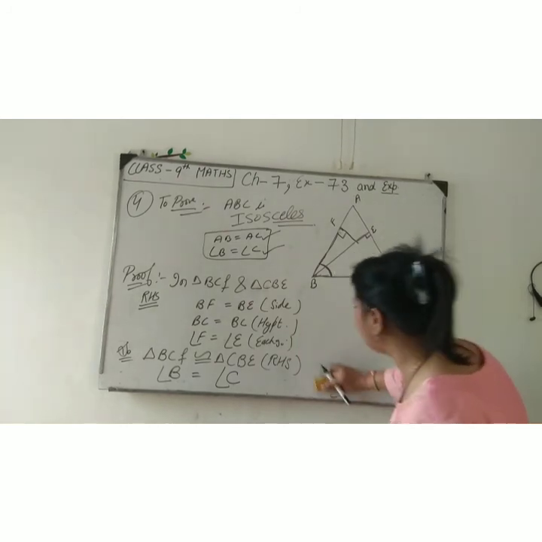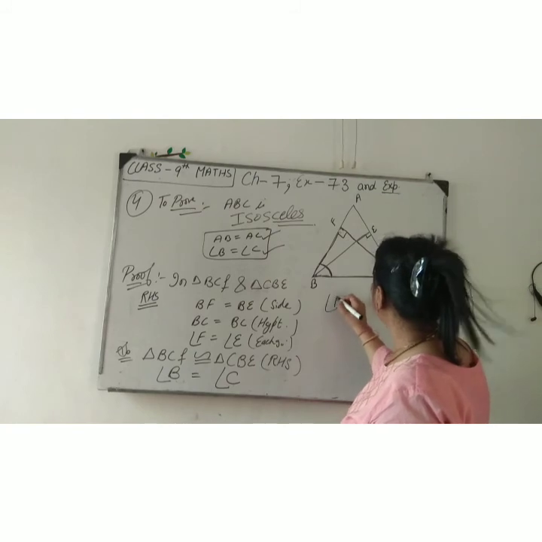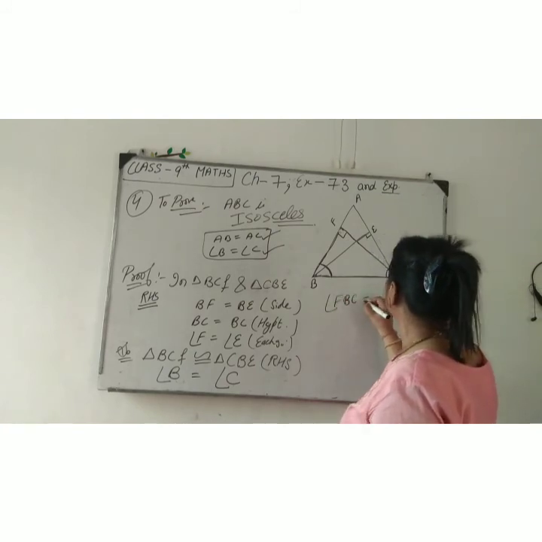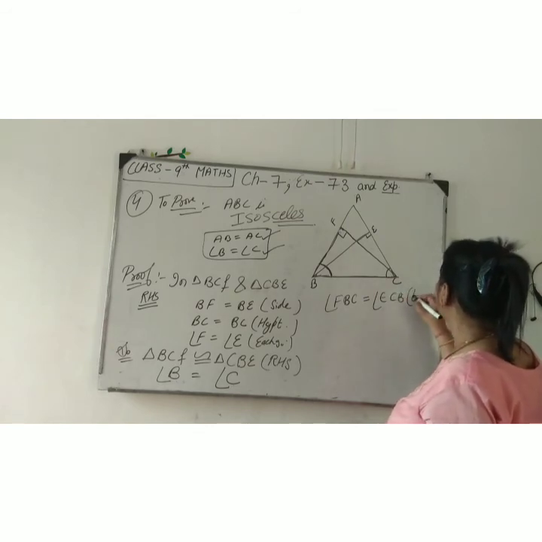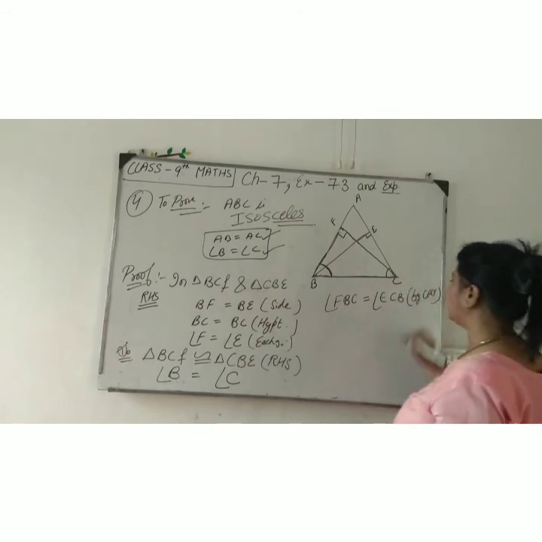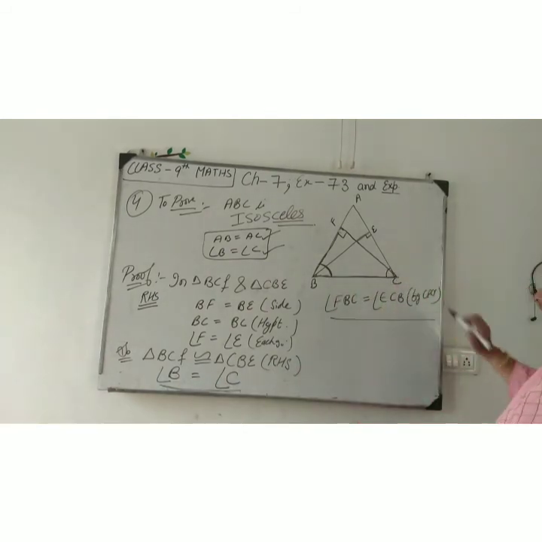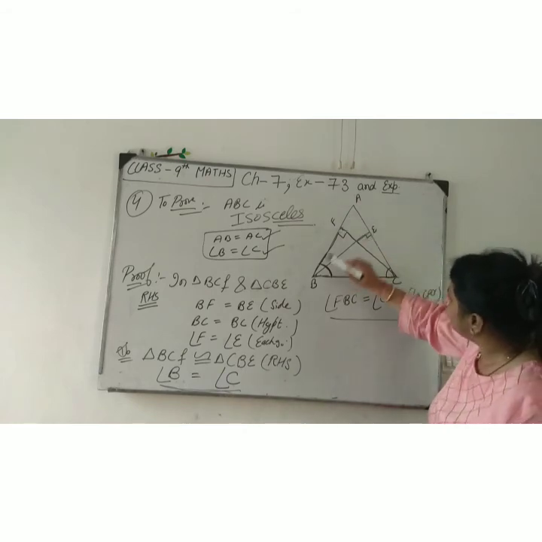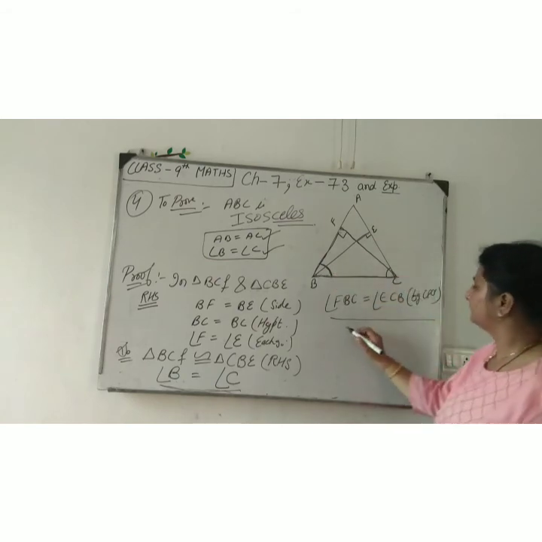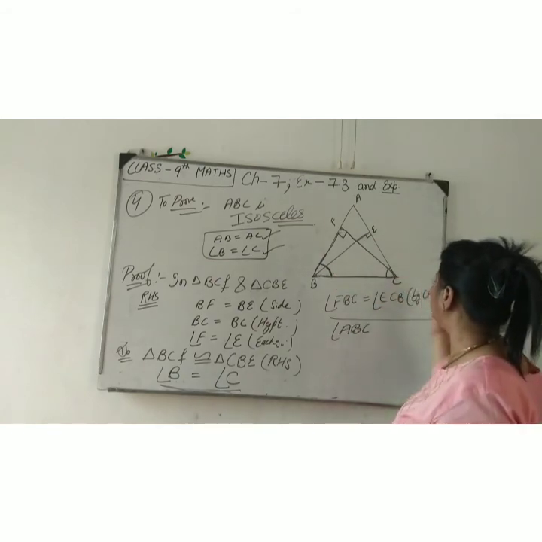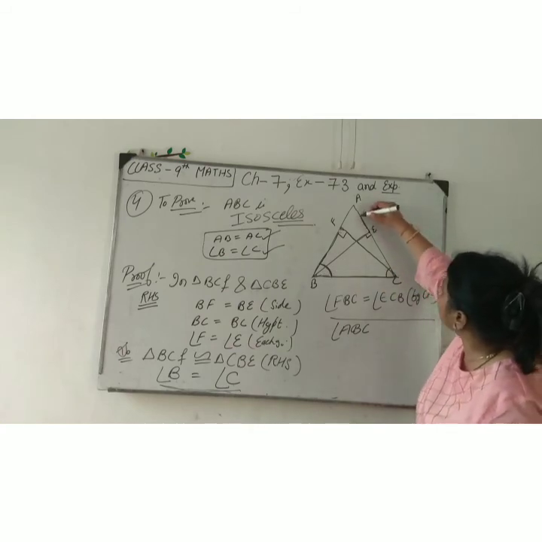In short, if you want to write, you can write like this: angle FBC equal to angle ECB by CPCT. Am I right? If you are not comfortable writing like this, you can write like this. FBC means I can write ABC, and ECB, because this point is on line AB.